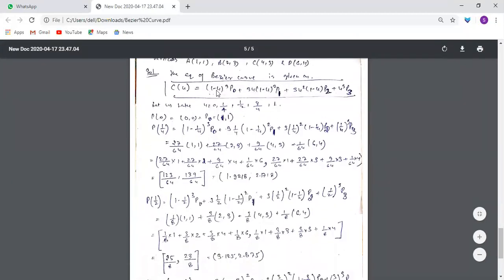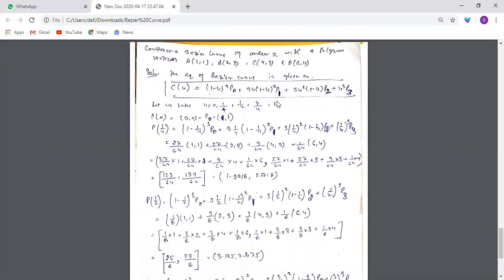Now see, in this equation, you know the values of p naught, p1, p2 and p3. What you don't know are the values of u. What is u? u is a parameter, a time parameter. So we will take a few values of u.